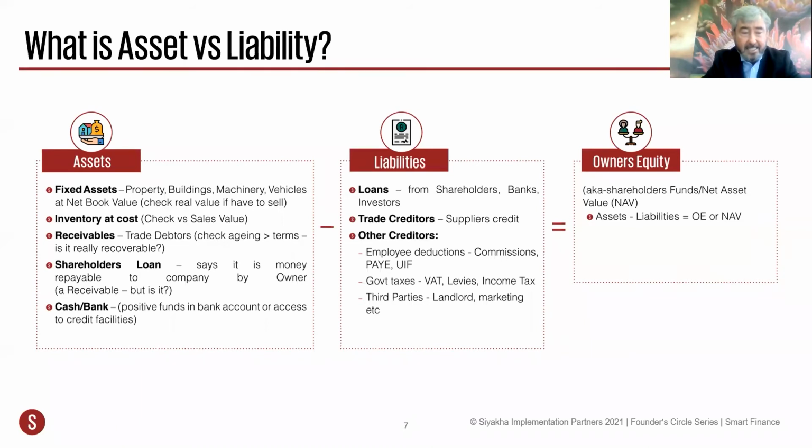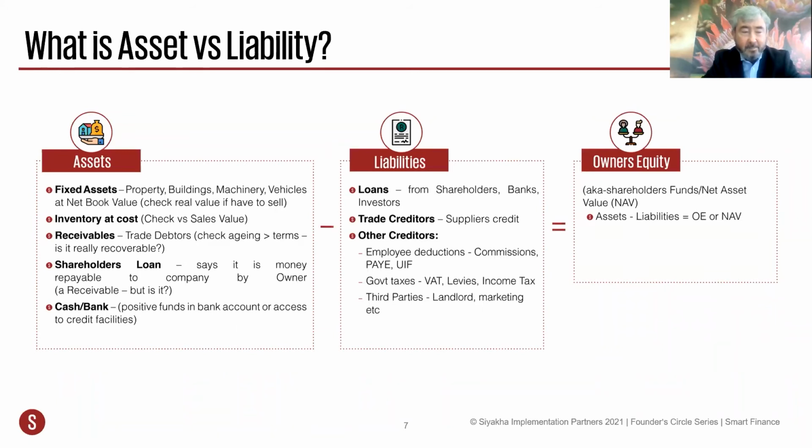So the VAT that you're going to receive will sit also as an asset, cash to be received on your balance sheet. But again, you would look at the aging of your debtors, and if people are now at 90, 120, 150 days, you'd have to make a decision. Am I going to recover that money or not? Or do I make a provision, or do I write it off and bring down the value that I think I'm going to recover for that receivable?